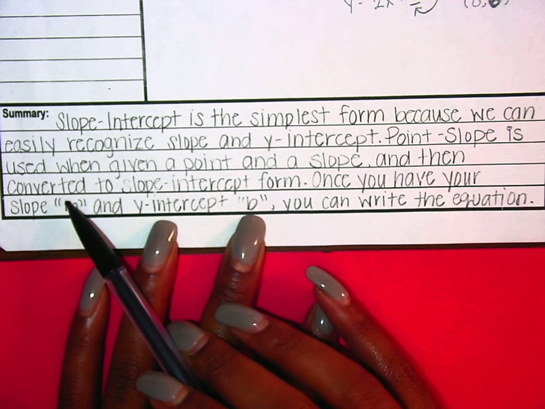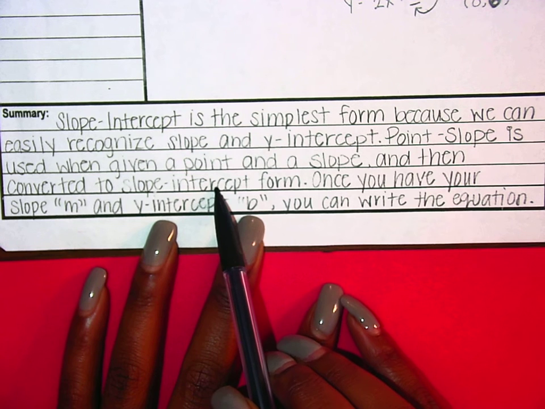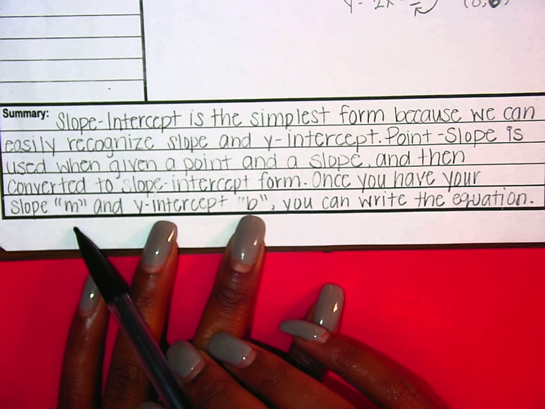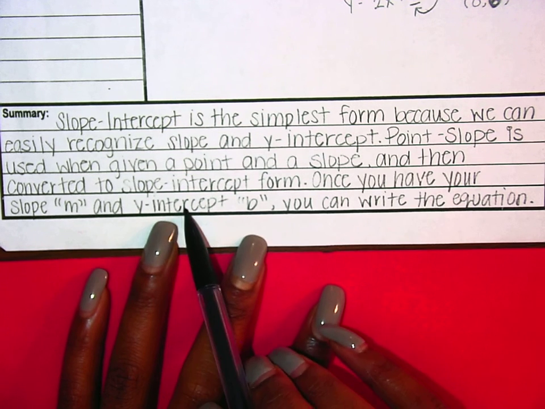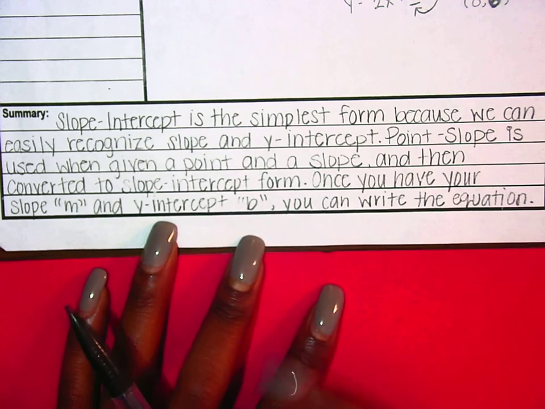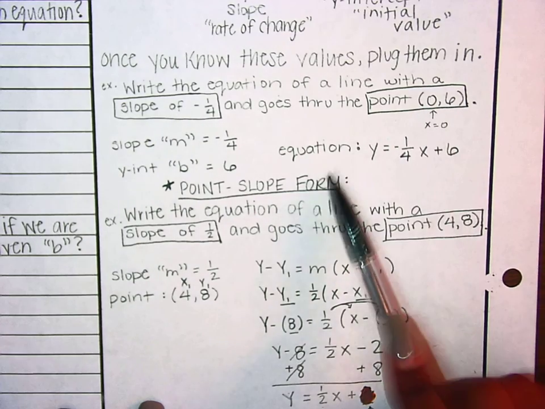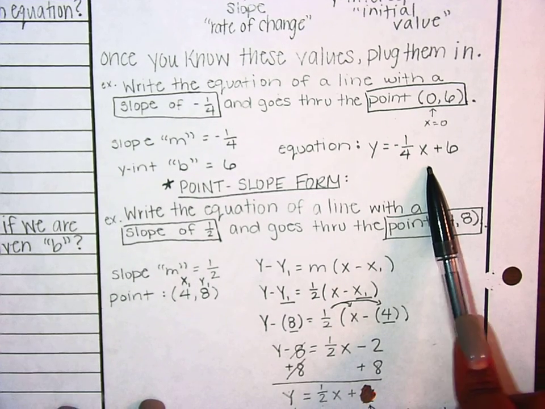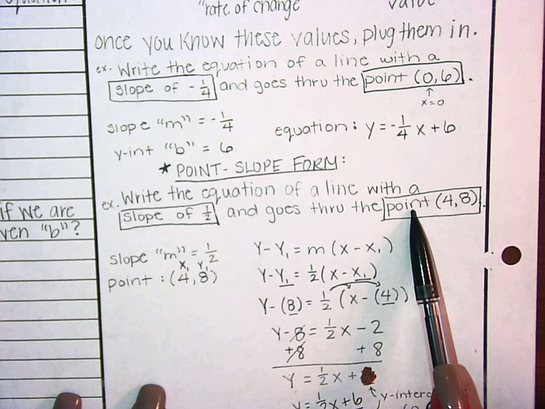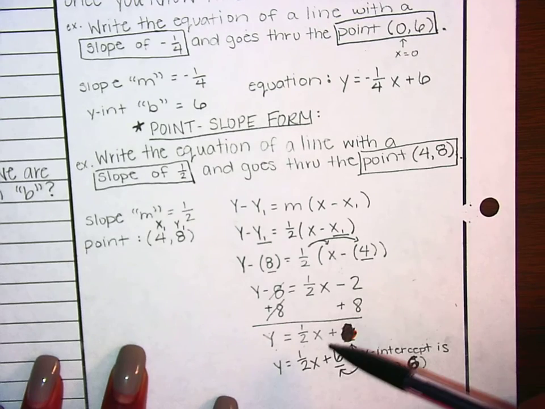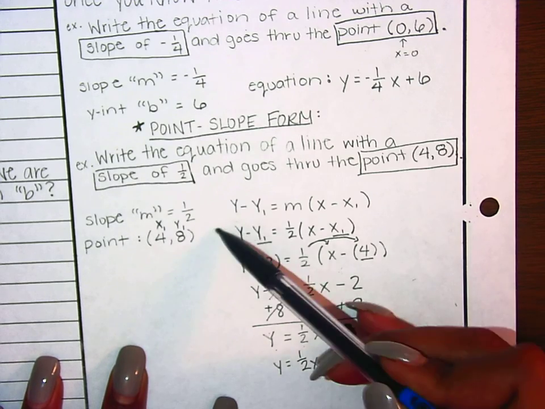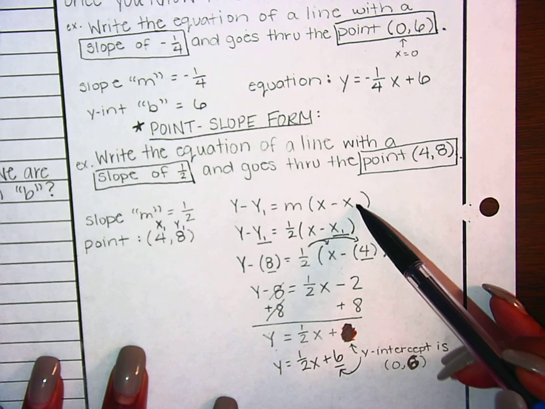And then we convert that to slope-intercept form. Once you have your slope, m, and your y-intercept, b, you can write the equation. So here, when our slope and our intercept is given to us, we can easily write our equation. However, if we're just given a slope and a point, we know that in order to write it in slope-intercept form, we have to plug in those values into point-slope form first.